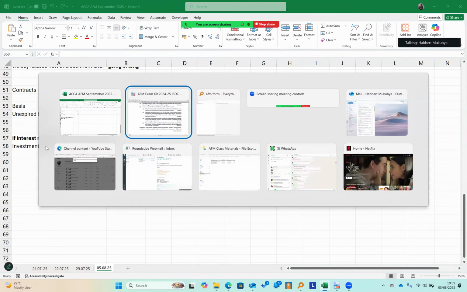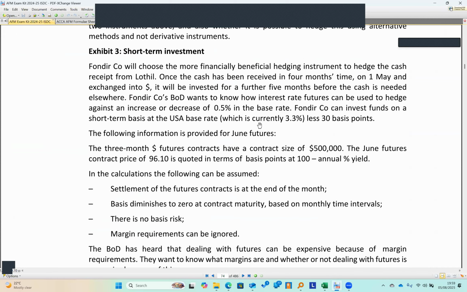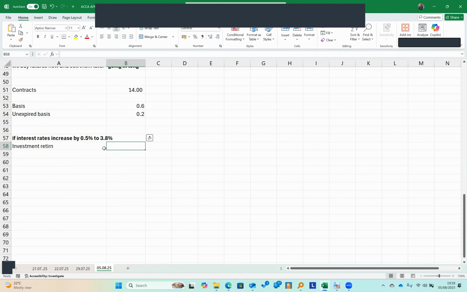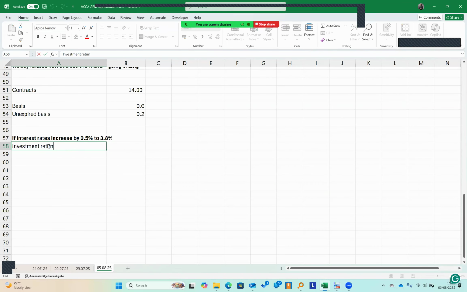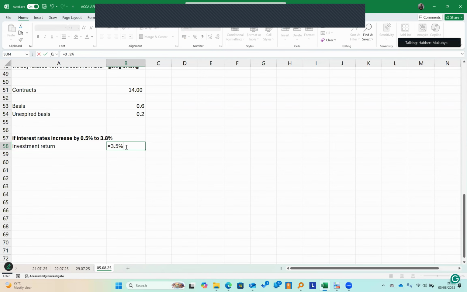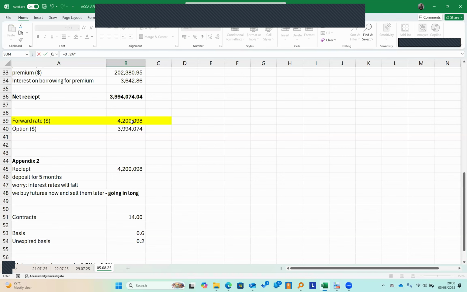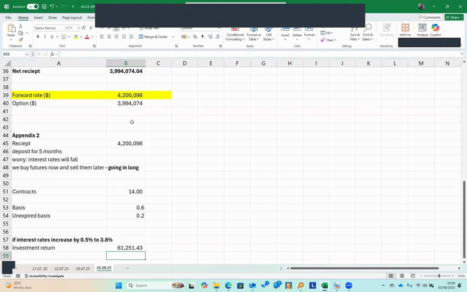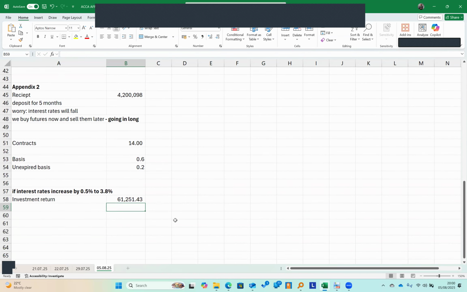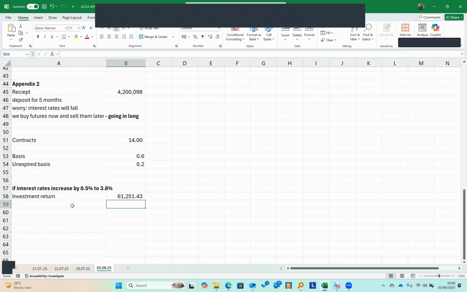Remember that investment return, they told us that we can get at base rate minus 30 basis points. So if it is at 3.8, it becomes 3.5. So it will be 3.5% multiplied by the 4.2 million, okay? And we are only investing it for 5 out of 12 months. So that is going to be 61,251. That's the investment return.